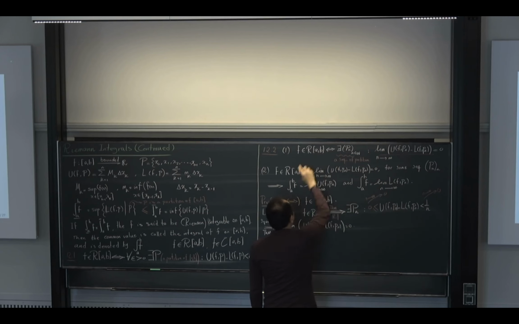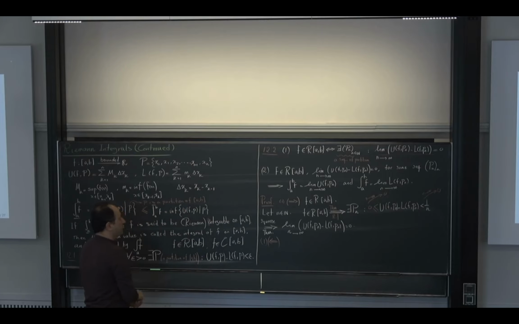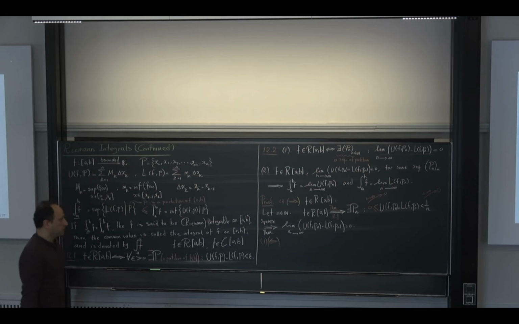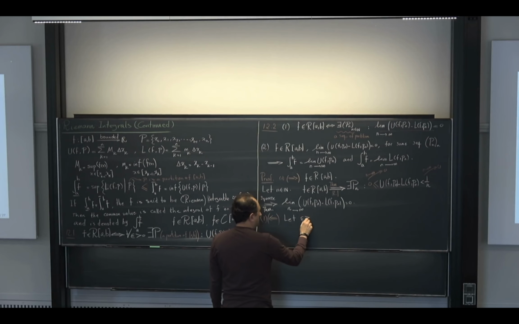My goal is to show that f is Riemann integrable. So for Riemann integrability, I want to prove that for every epsilon, I can come up with a partition with this property. Then I can go backwards. So I would say let epsilon be greater than 0. Let epsilon be given.